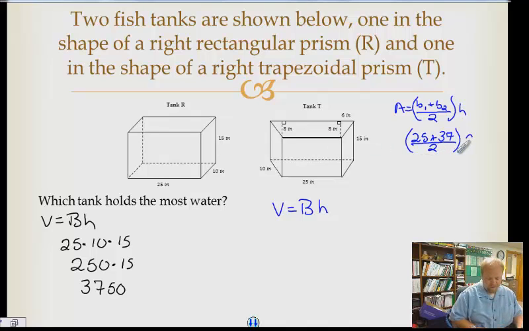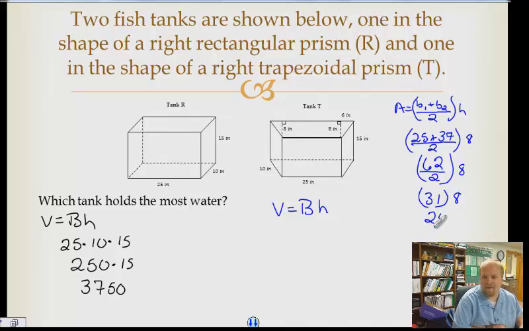So I have 25 plus 37, which equals 62. 62 divided by 2 times 8. 62 divided by 2 is 31. 31 times 8 is 248.